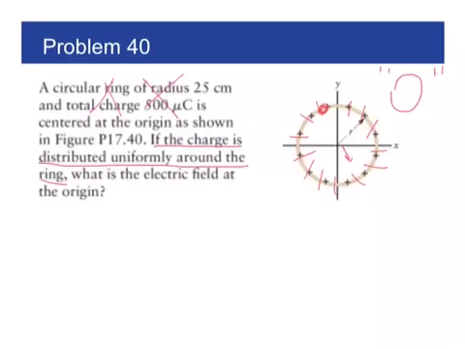Let's look at the charge opposite to it, this one. Electric field created by this charge goes this way. So those two vectors, opposite direction, equal lengths, cancel each other out. In a similar way, you can look at this charge and this charge, this charge and this charge. Contribution of each charge is going to be cancelled by another charge. The answer is, as I just said, 0. That's it.